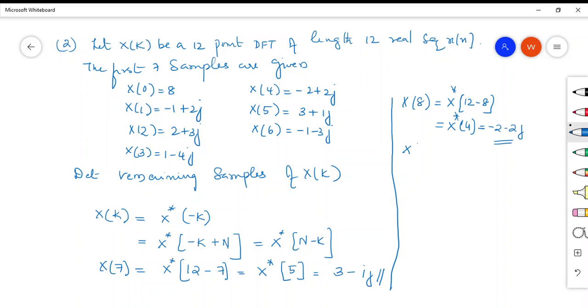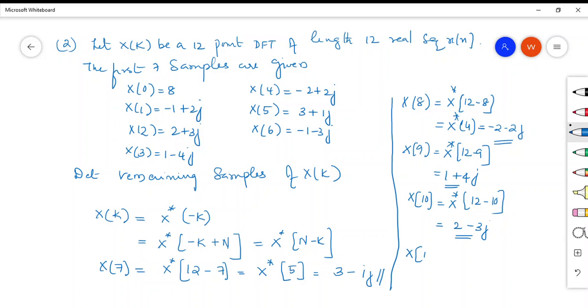Now X[9] will be equal to X conjugate of [12 - 9], which is 1 + 4j. Now X[10] will be equal to X conjugate of [12 - 10], so X conjugate of 2, which is 2 - 3j. Then X[11] will be equal to X conjugate of [12 - 11], which is -1 - 2j.